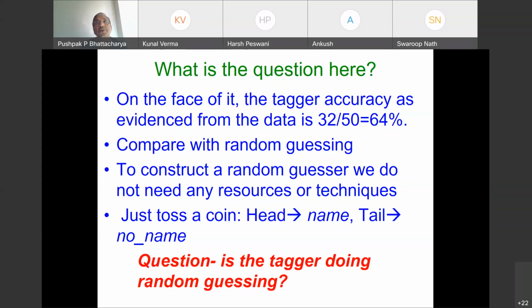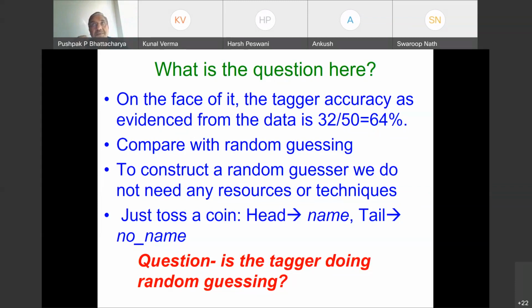What I'm saying is that I observe how many times the named entity tagger has produced named entities. I found that 32 are correct, and 50 is the total number of data.